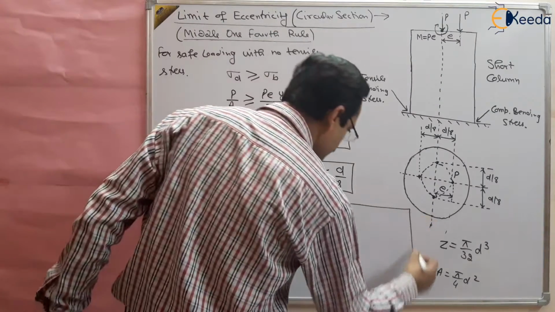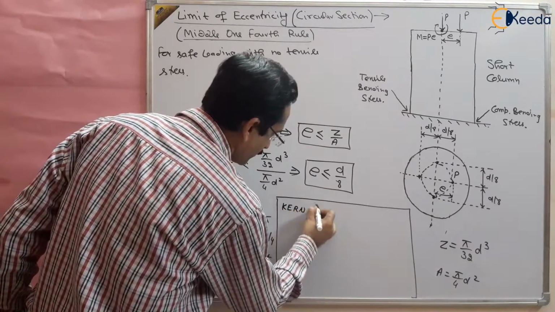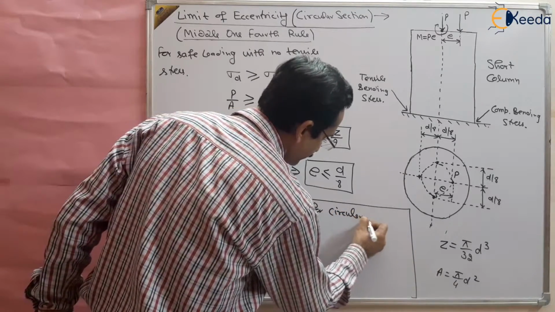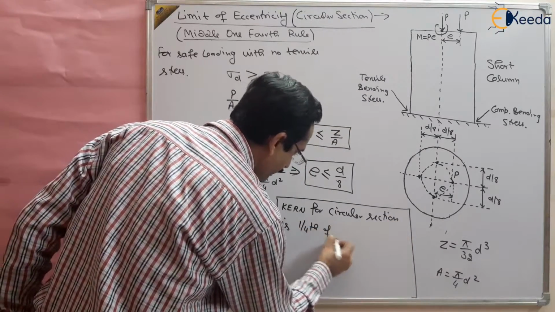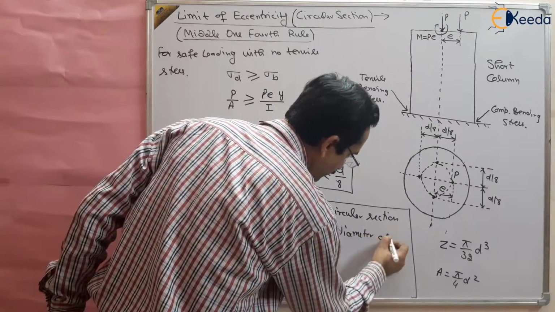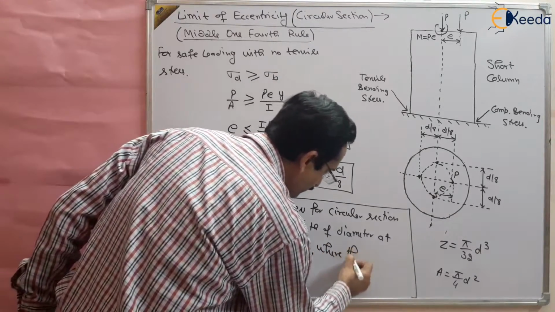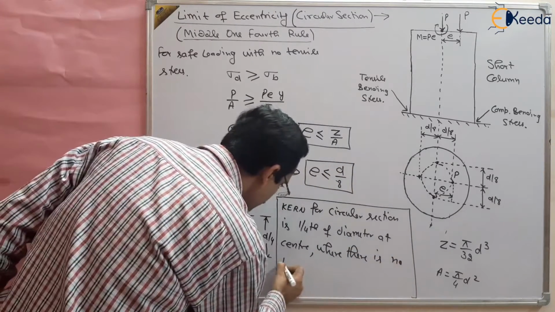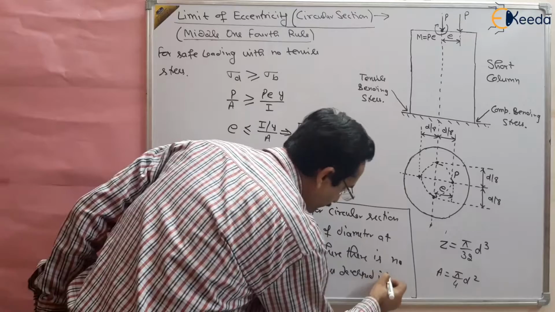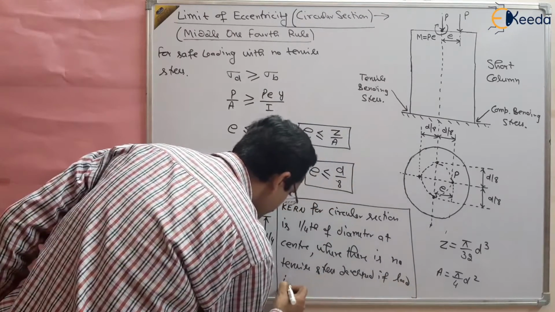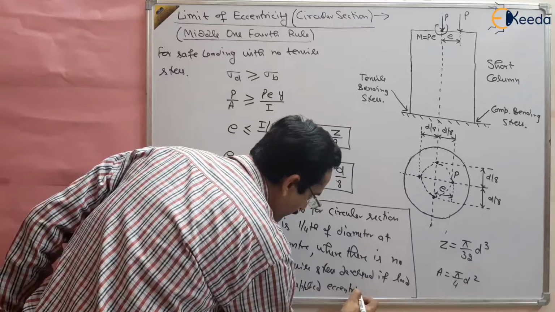So kern for circular section is 1/4 of diameter at center, where there is no tensile stress developed if load is applied eccentrically.